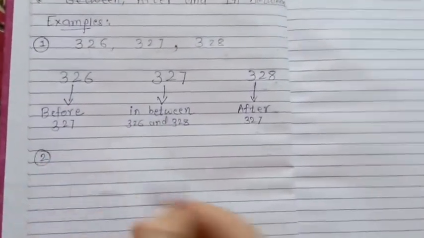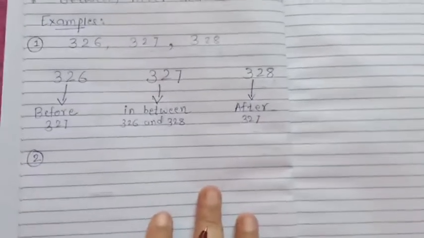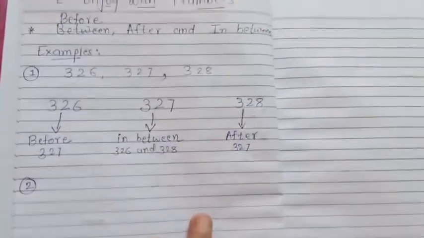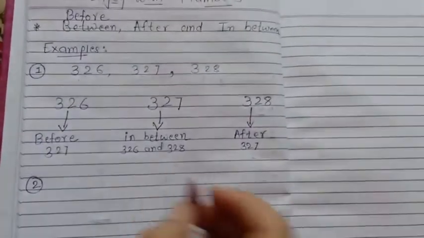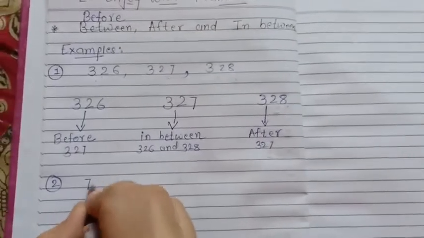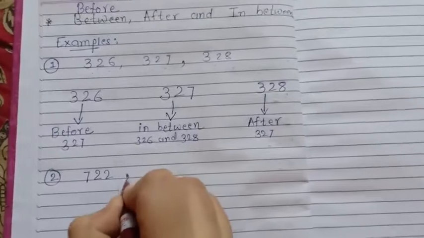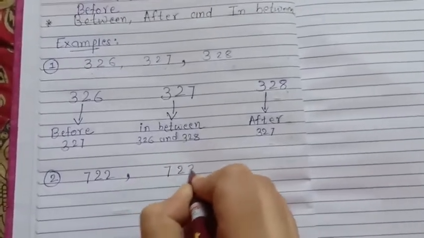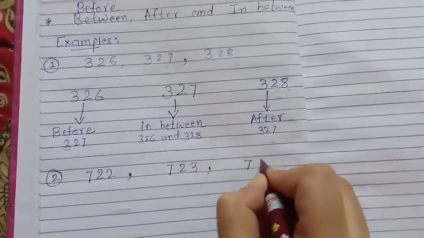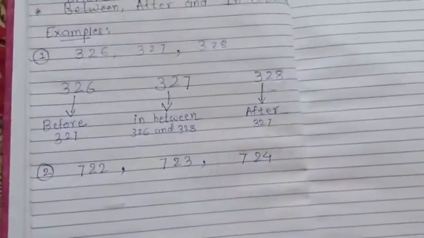Let's see one more example. These examples you have to write down in your notebook. So 722, 723, 724.